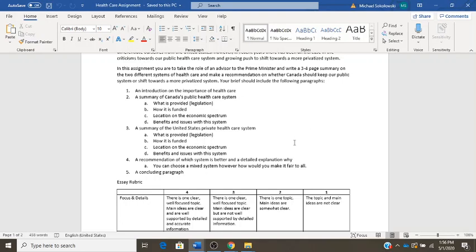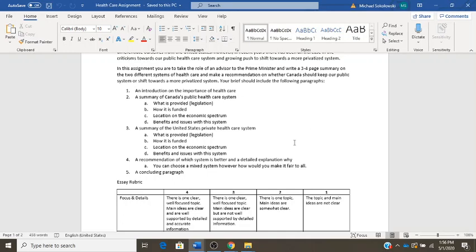Paragraph 4. In paragraph 4, you need to tell me which system you think is better and why. You should not just be saying, oh, the American system is better because there are shorter wait times. That is not a good enough answer.